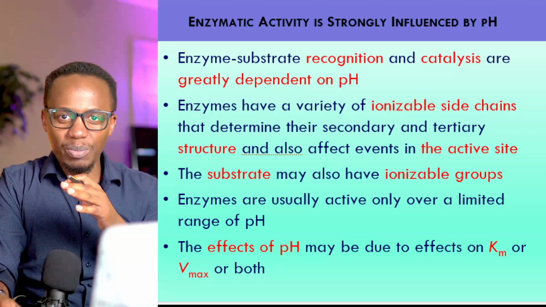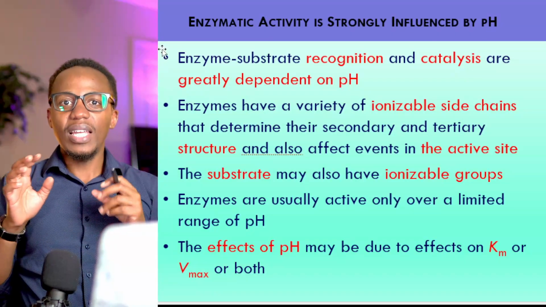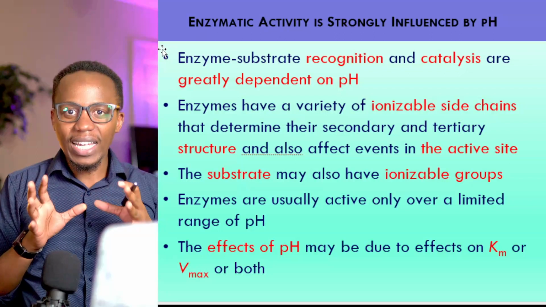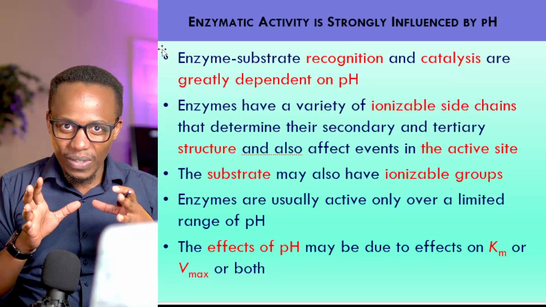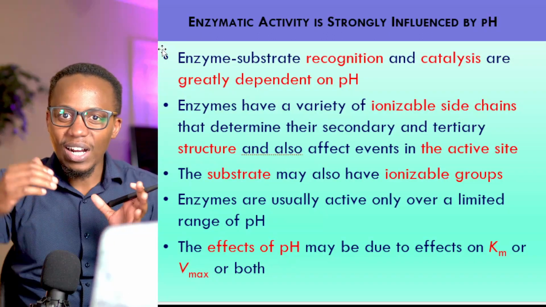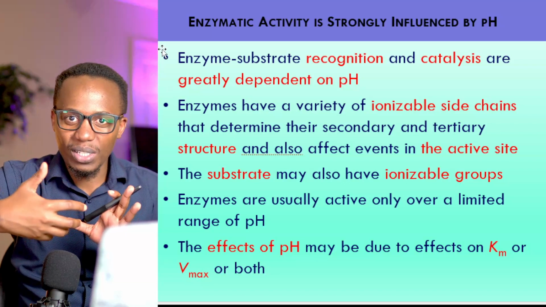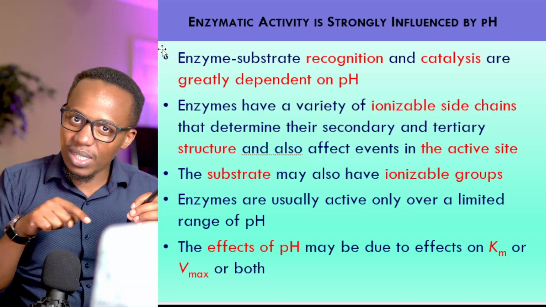That is a very important point to make, because remember that an enzyme has an active site, and the active site is lined up by amino acid side chains that are going to recognize the substrate. So if you change the pH, guess what happens to the side chains?